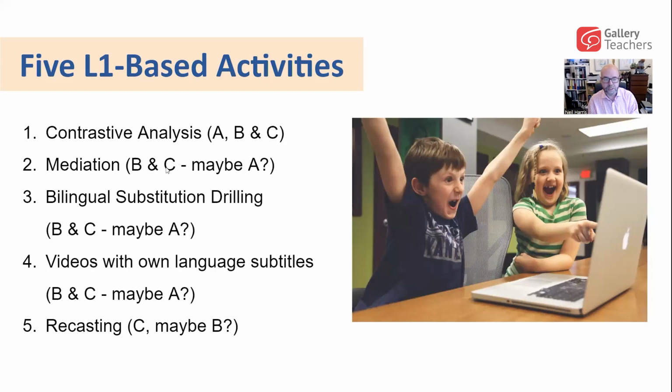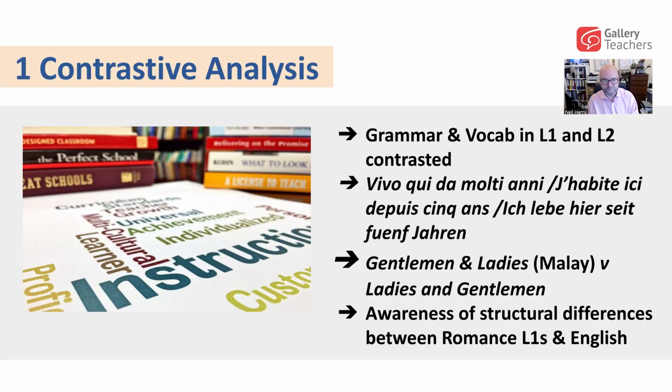Mediation, certainly teachers B and C, maybe A. And bilingual substitution drilling, similar group of teachers, B and C, arguably A could potentially do it. And then using videos with language subtitles, like number 3, teachers B and C, maybe A. And then finally, recasting, which is primarily, I think, for teacher C, but maybe available to teacher type B.